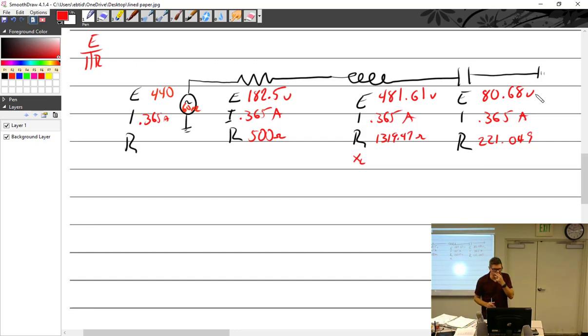What do we got left? Resistance, which is U for I. So we got 440 divided by 0.365 equals 1205.48 ohms.